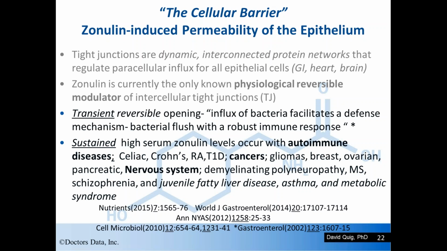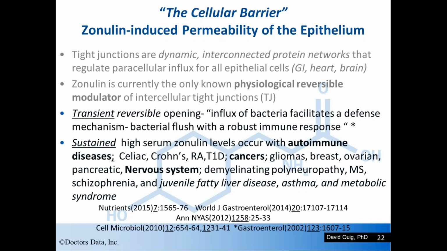That is, with a bacterial flush, we expose the underlying immune system to that undesirable bacteria, which helps us have a very, very powerful immune response. Then there is closing of the tight junctions.